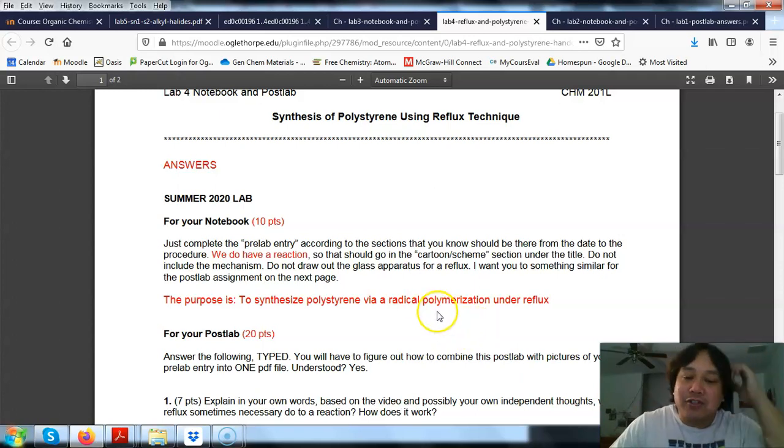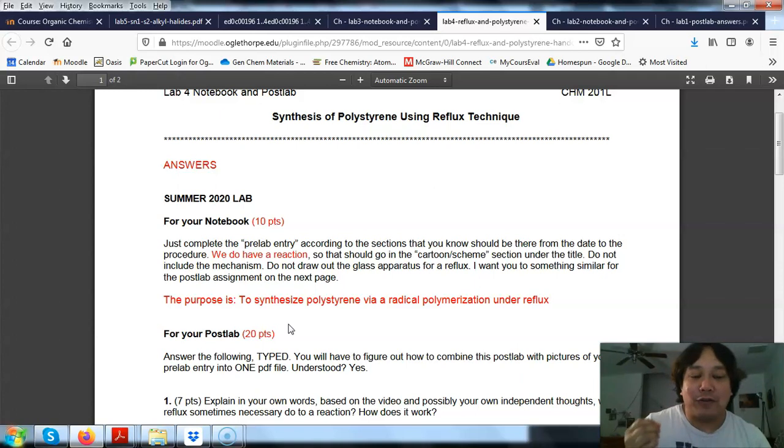So I did mention the type of reaction that you're learning, and the type of technique that you want to practice with. But the purpose is really literally to synthesize polystyrene. That is what I'm looking for in a purpose.